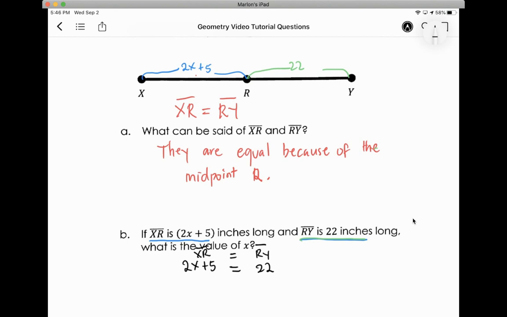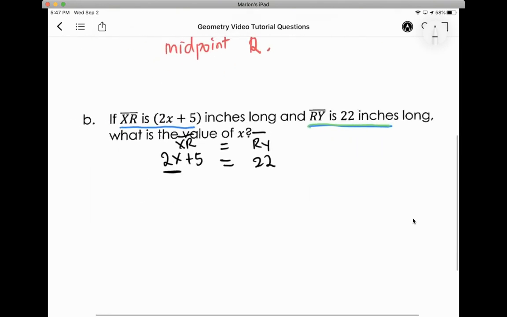I have a variable here at 2x, so I will keep that. I will subtract the constant 5 from both sides of my equation. This will be 0. I'm going to take down 2x equals, I have 22 minus 5. That gives me 17.